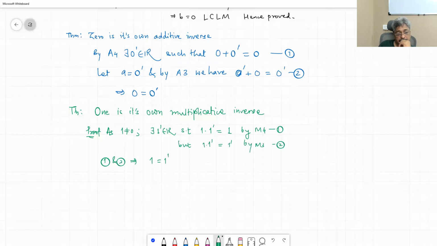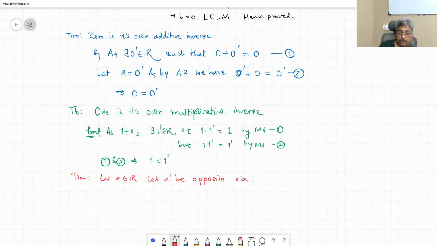Next, let A belong to R. Let A dash be the opposite of A. Let A double dash be the opposite of A dash.